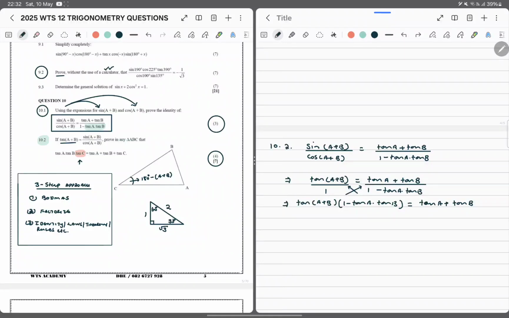Actually this thing times 1 is itself. Okay, so we have a portion of what we want, folks.